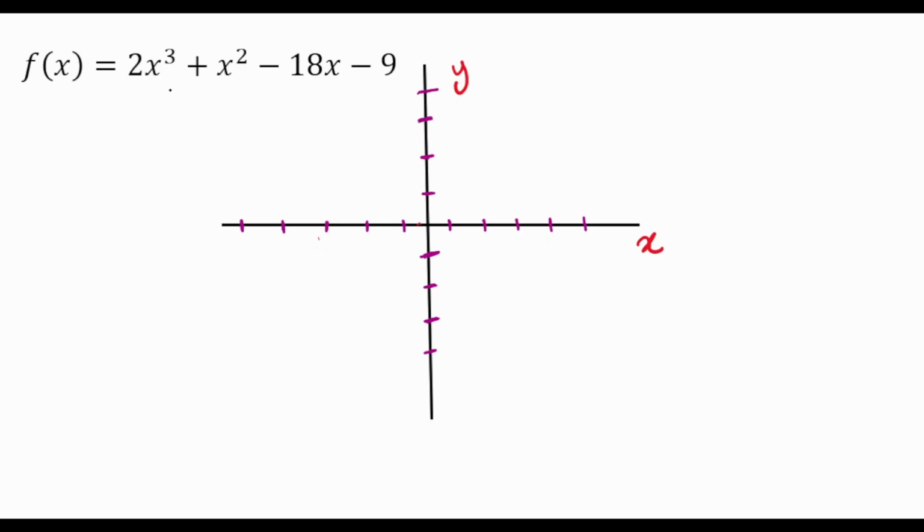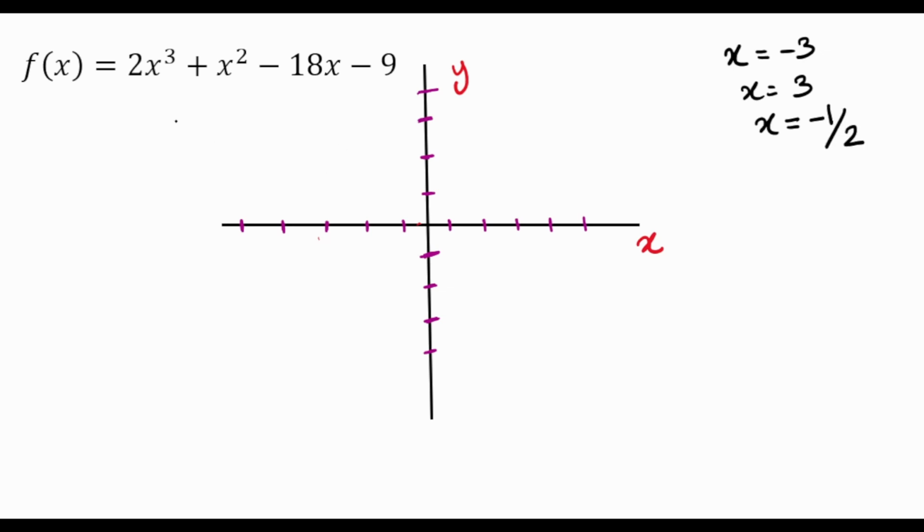So here we have the f of x which we want to plot, and we already know that this function should be equal to 0 at x is equal to minus 3, also at x is equal to 3, and at x is equal to minus half.